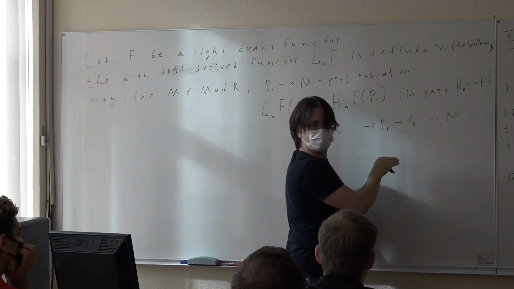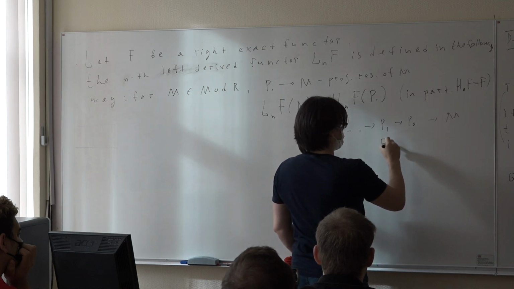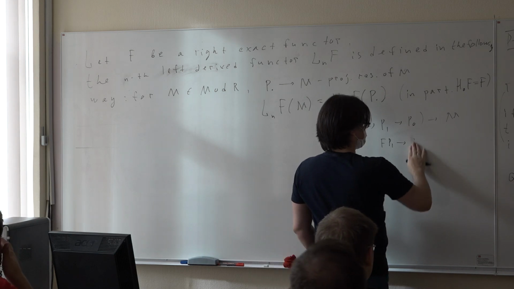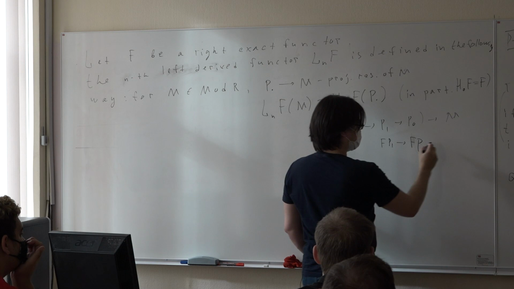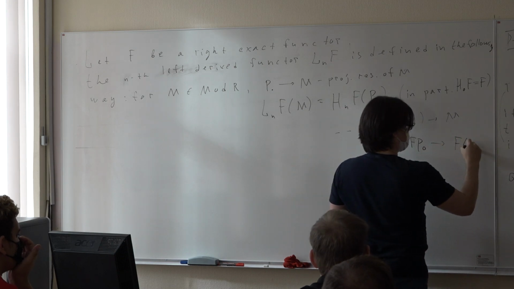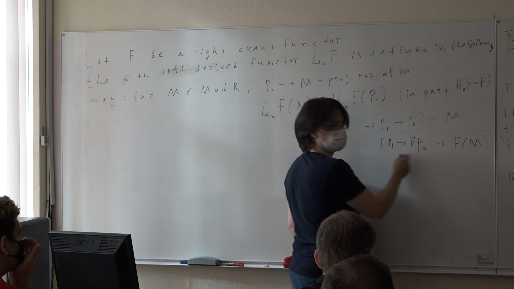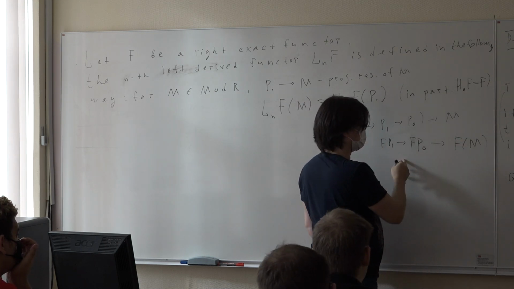So if you apply F and F is right exact, then here F of M is still the co-kernel of this map, because a right exact functor preserves co-kernels.